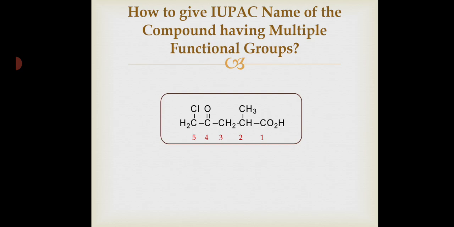Now, how will you name this? All these, methyl, keto, and chloro, will definitely come in the prefix. All these names will be indicated in the prefix. Since there are 5 carbons, the parent hydrocarbon name will be 5 carbon along with the acid.